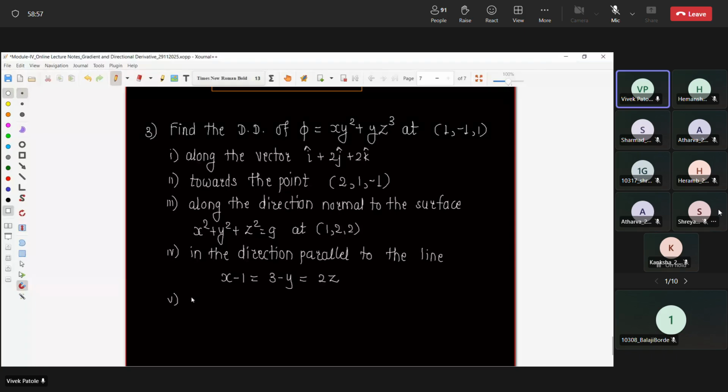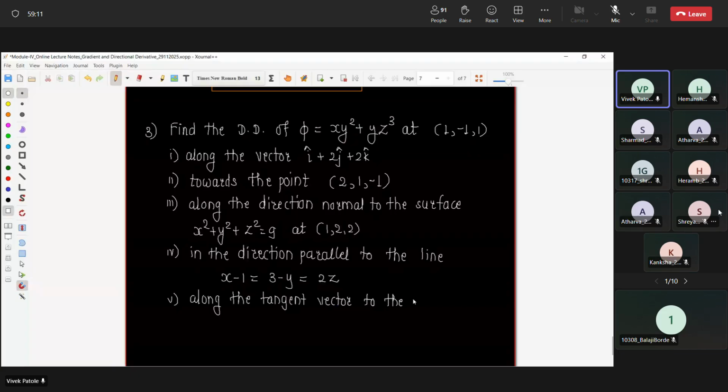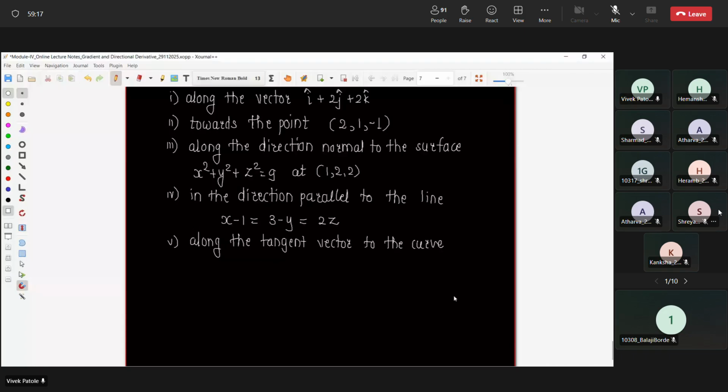Along the tangent vector to the curve r bar equal to t i cap plus (2t minus 1) j cap plus t square k cap at t equal to 1.